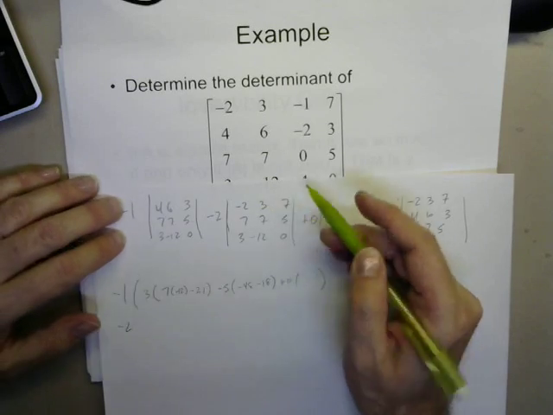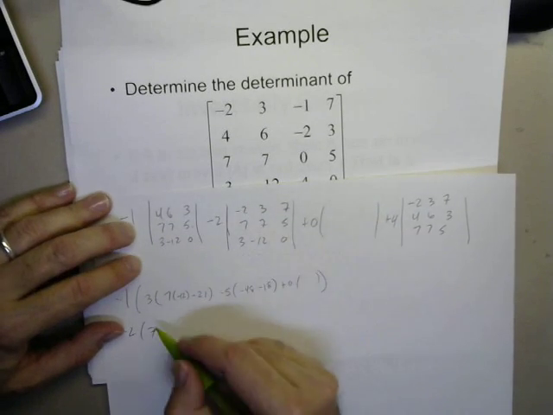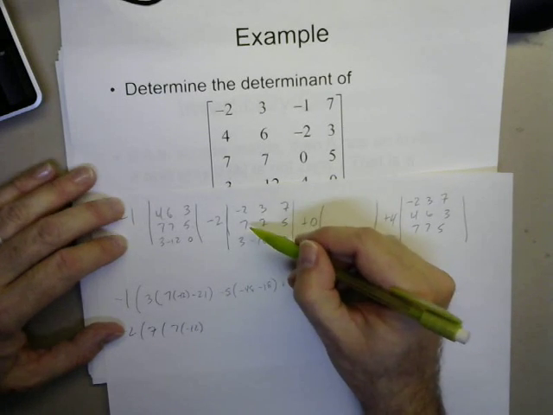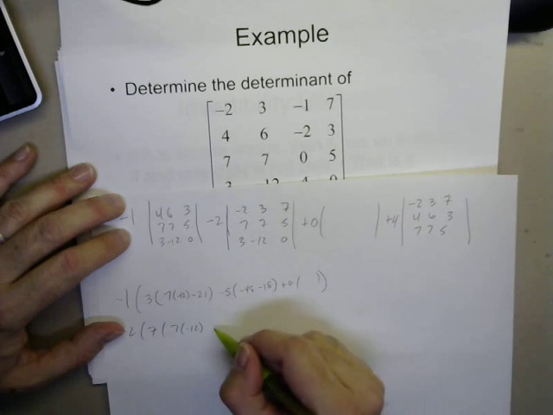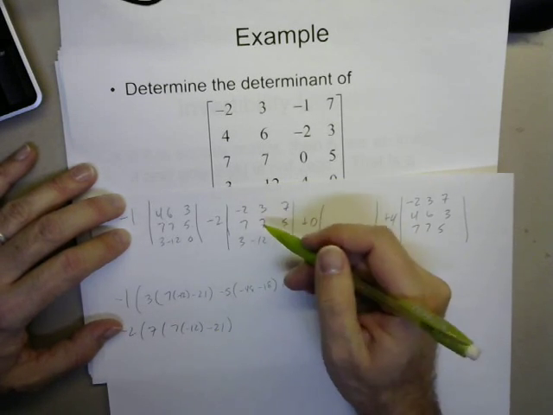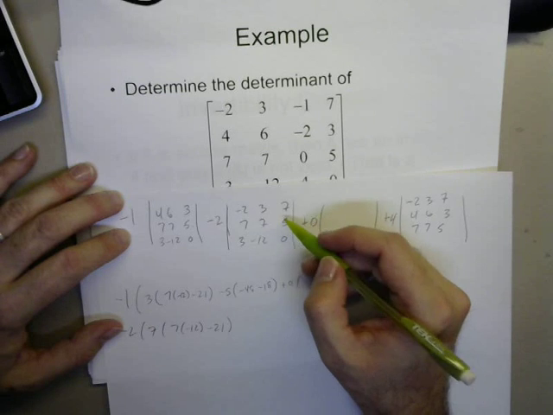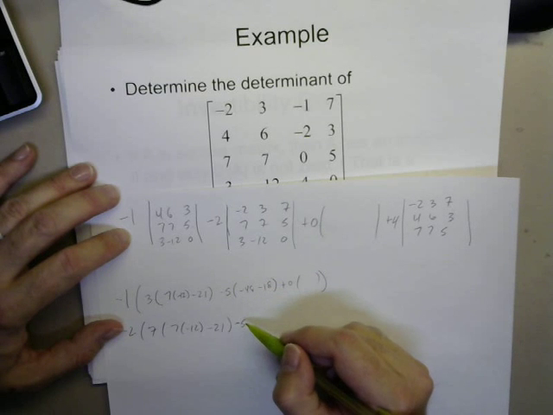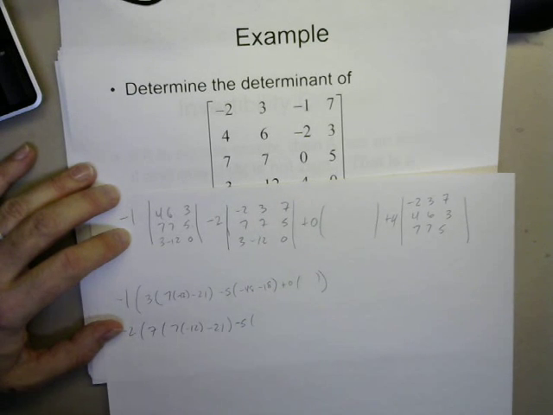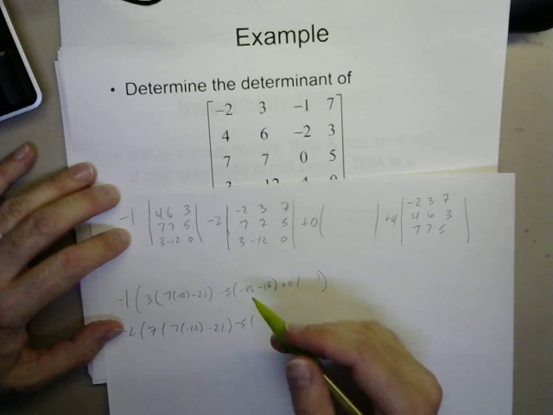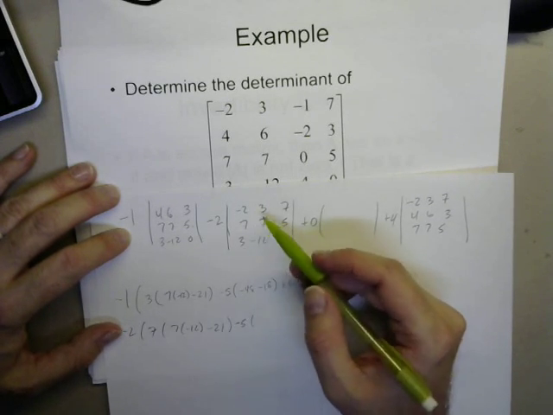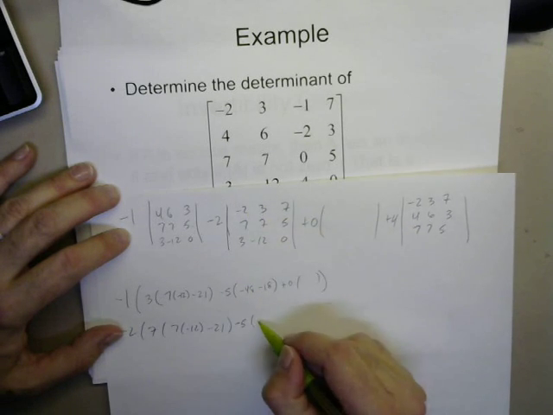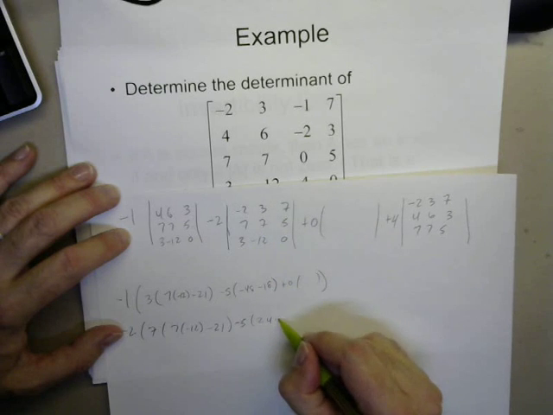So it should be plus, minus, plus 7 times 7 times negative 12 again, and you'll get negative 21 there, and then multiply by 5, so it'll be minus 5 times that, which will give you a positive 24 minus 9.